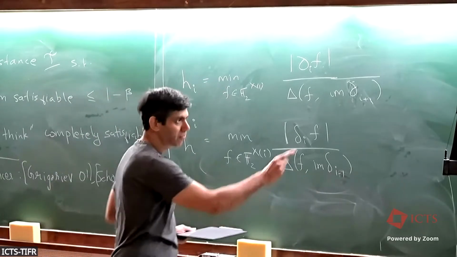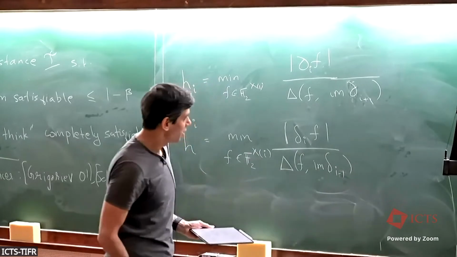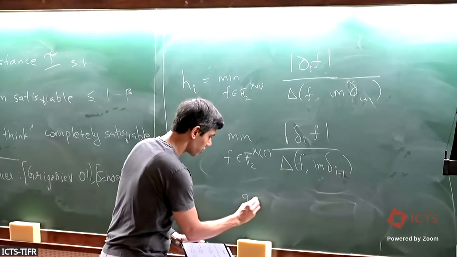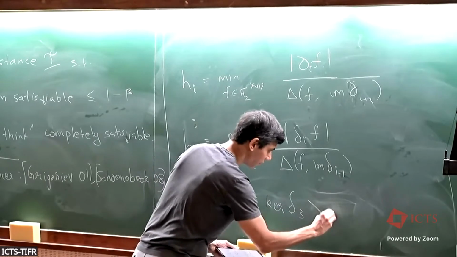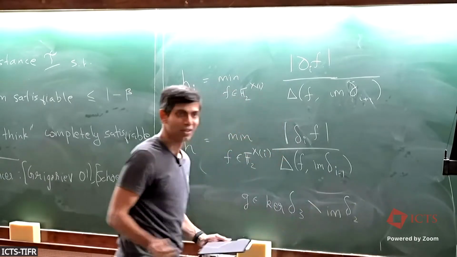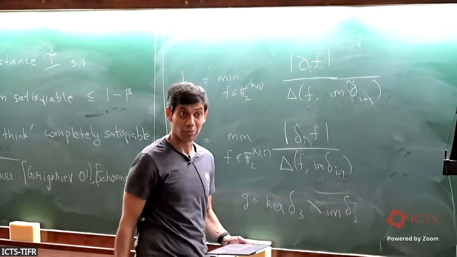Now, from the G we were talking about, you already see that this has a problem. We were saying there exists a G which is in the kernel of delta 3 minus the image of delta 2. That kind of a G will just kill this. The numerator is 0, the denominator is not.